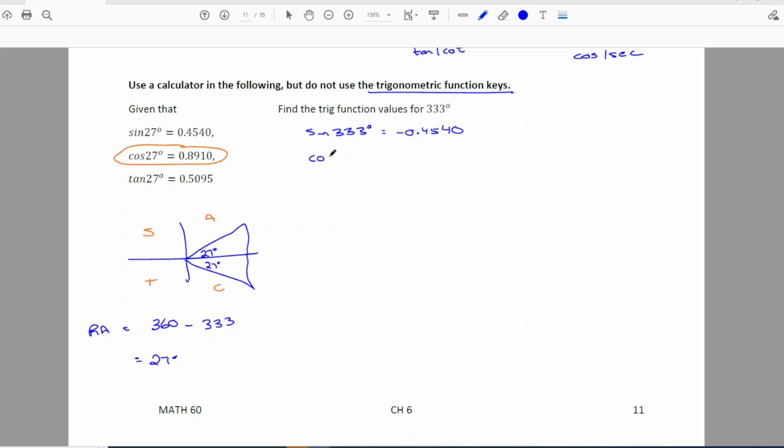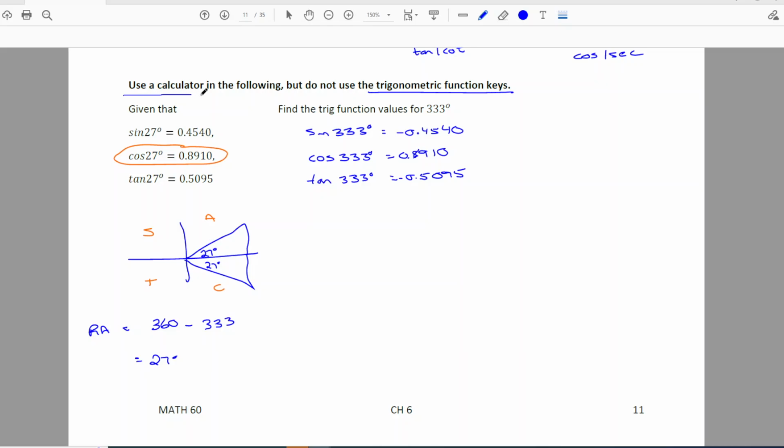The cos of 333 degrees is going to be the same and positive. And then the tan of 333 degrees is 0.5095, but negative. So as soon as I went from quadrant 1 to quadrant 4, I had to watch my signs. So the values are the same, but cosine's the only one that says positive.